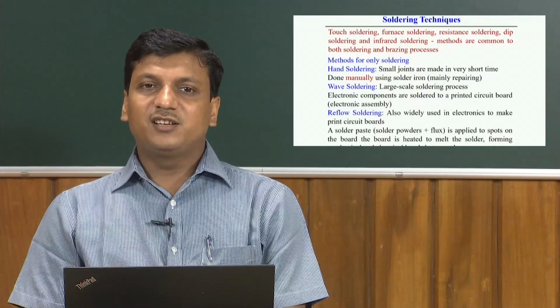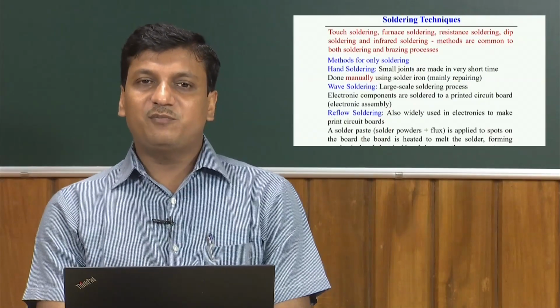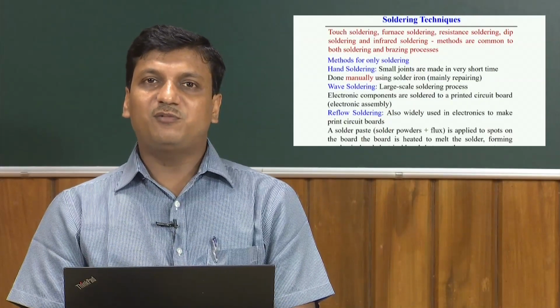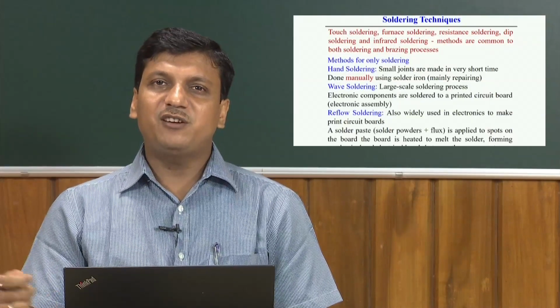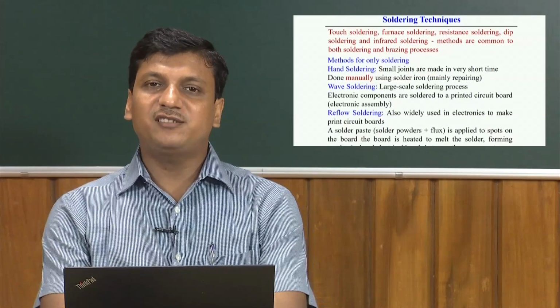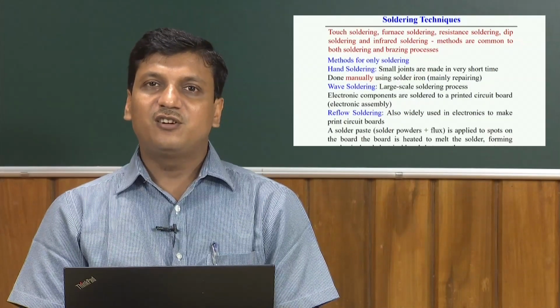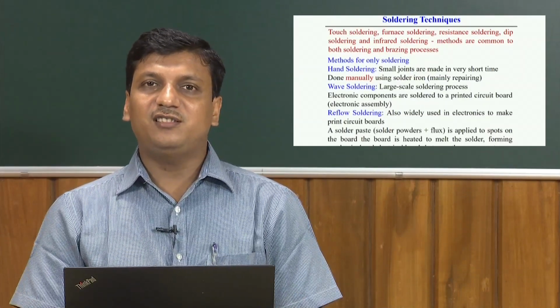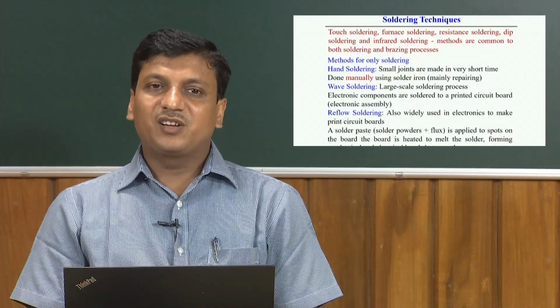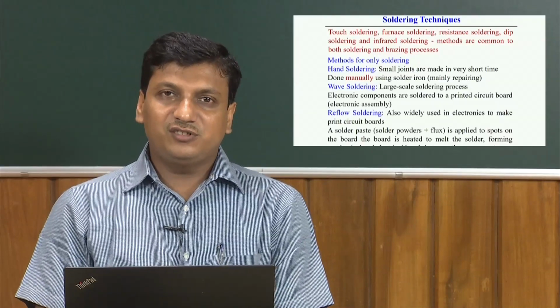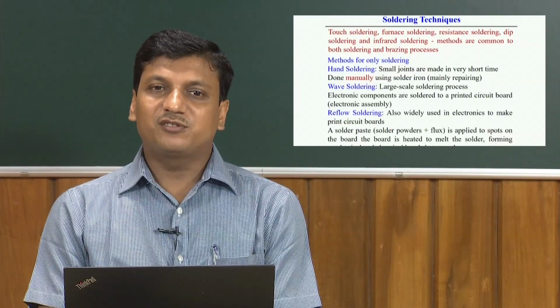So the difference is that small scale soldering is done manually for repairing purposes, but large scale soldering is done when you try to automate the process.